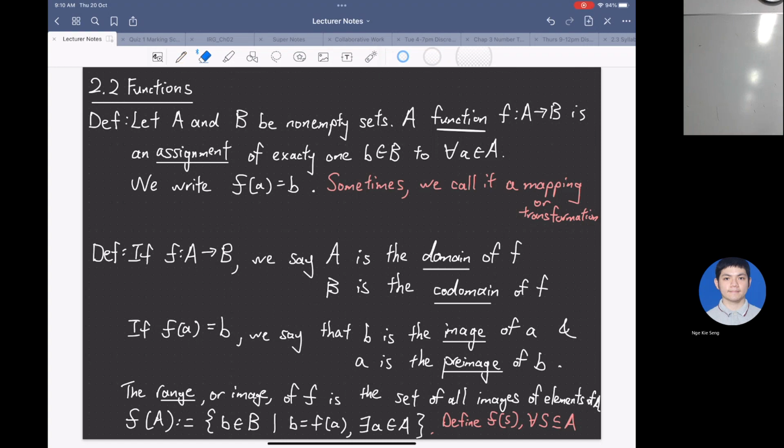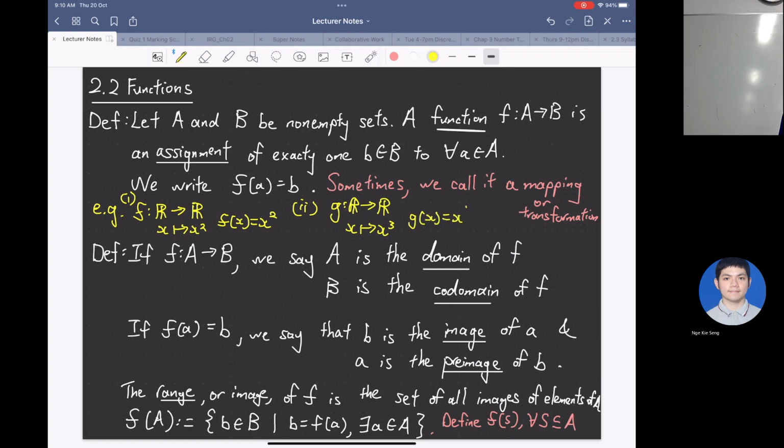For examples of functions, we have a function from real numbers to real numbers that sends x to x squared. You give me x, I give you back x squared. So this is a function. Also you can have a function sending x to x cubed. These are functions because for every element in the domain, I can give you another element in the codomain.